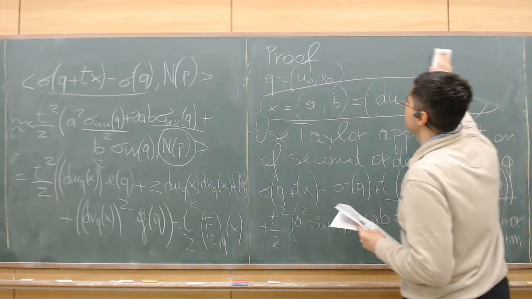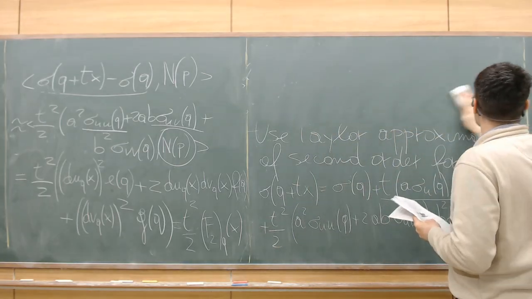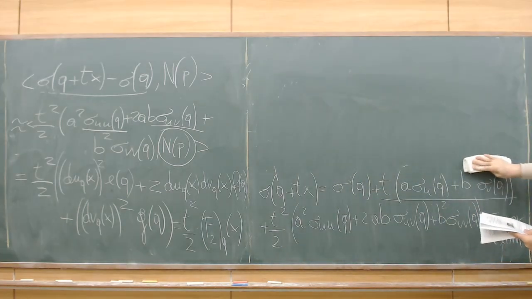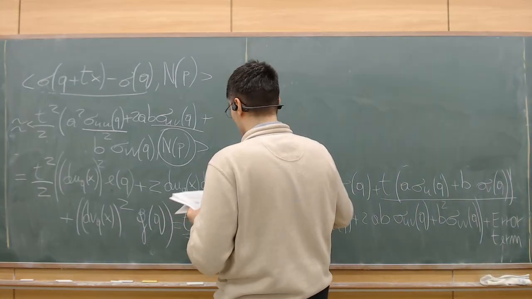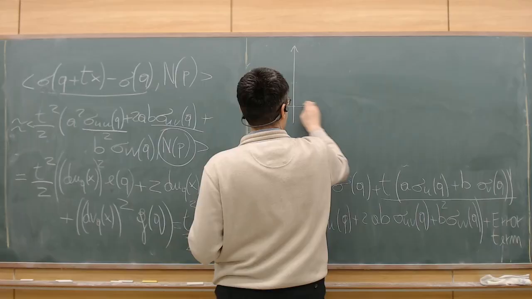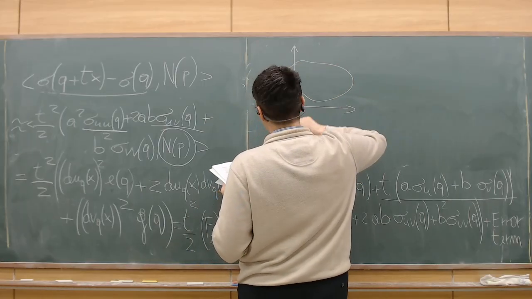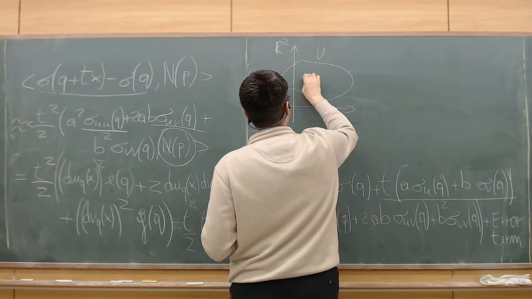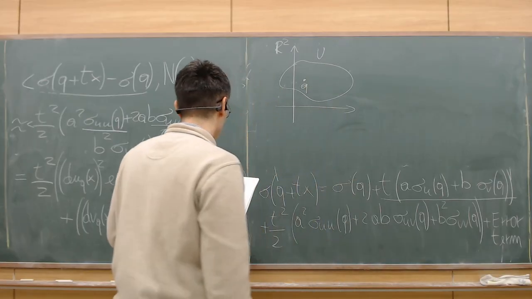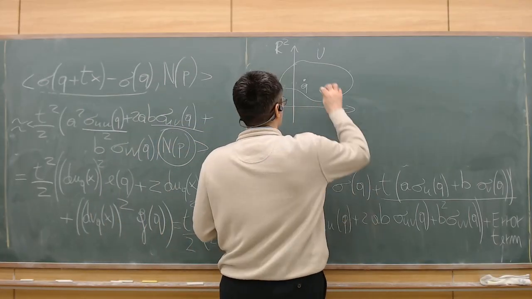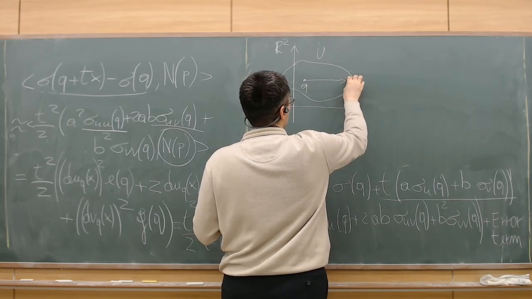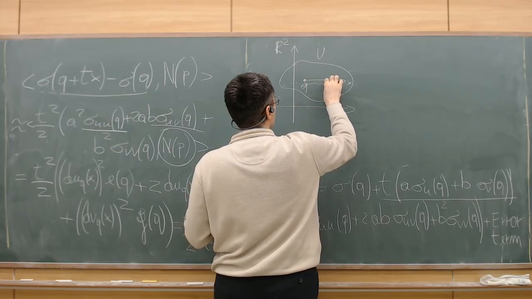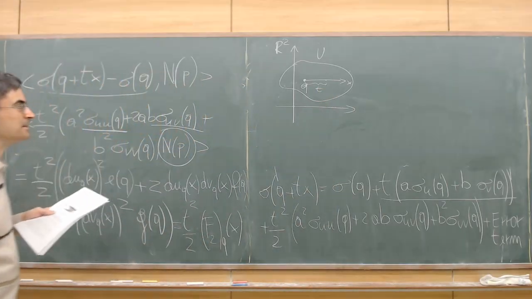Now let's make a picture. Suppose that this is the open set U. This is the point Q, this is the direction x, and this is the size, the value of t.